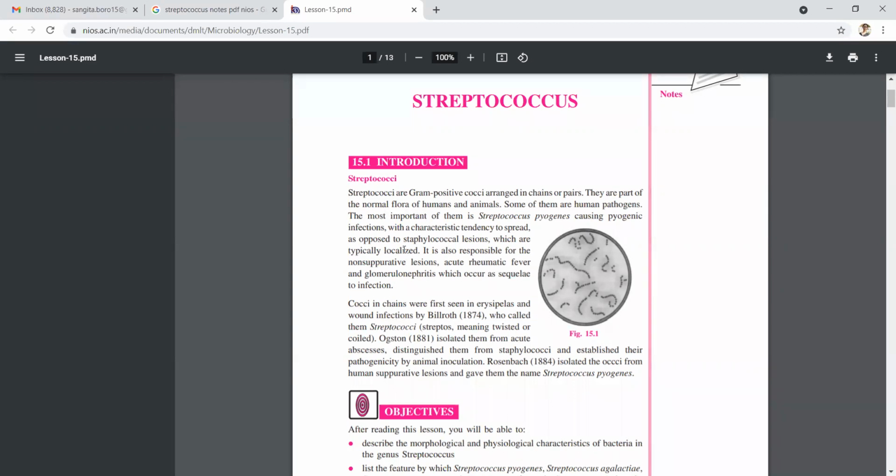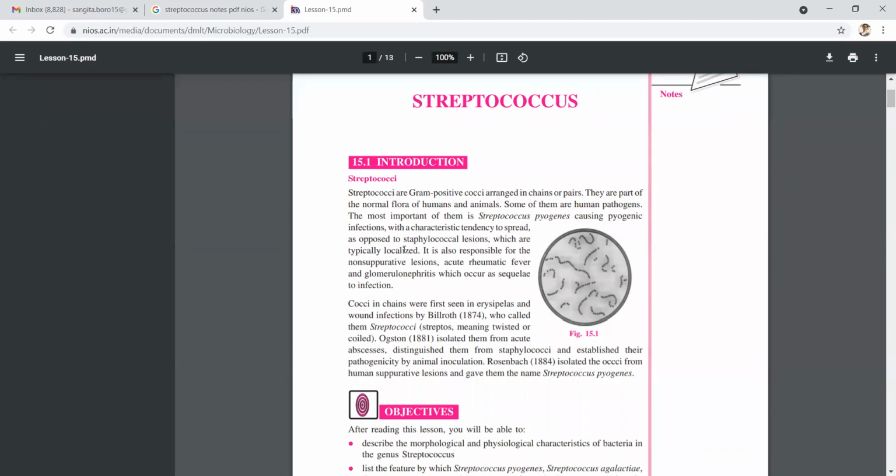But the difference between Streptococcal and Staphylococcal lesions is that Streptococcus lesions have a tendency to spread, but Staphylococcal lesions are localized. Localized means they remain restrained or constricted to only a small space. So that is how it is.